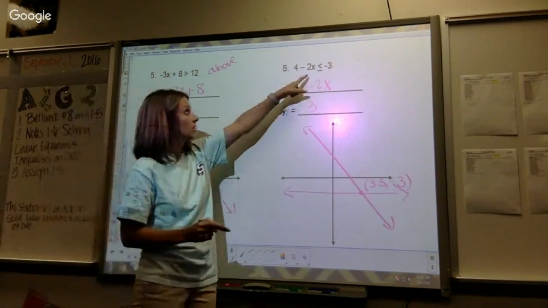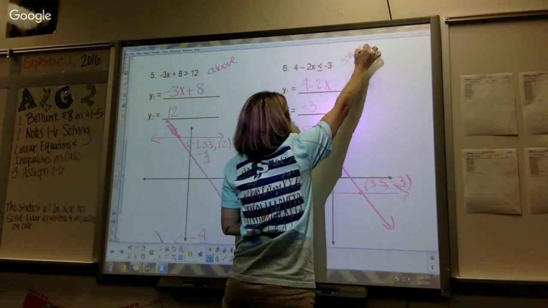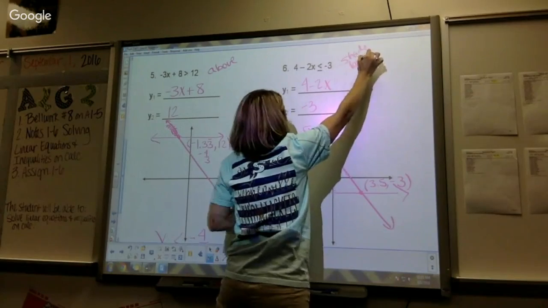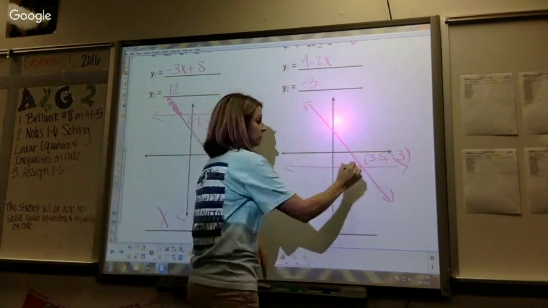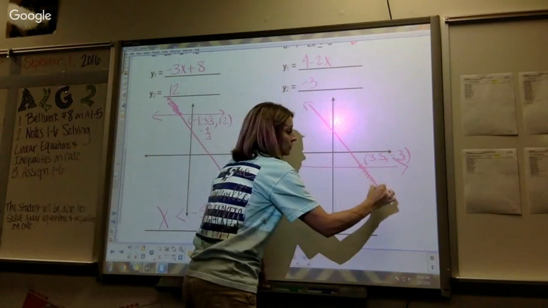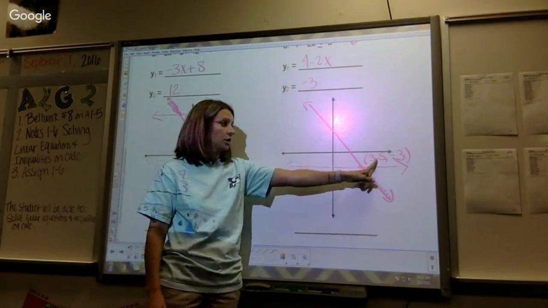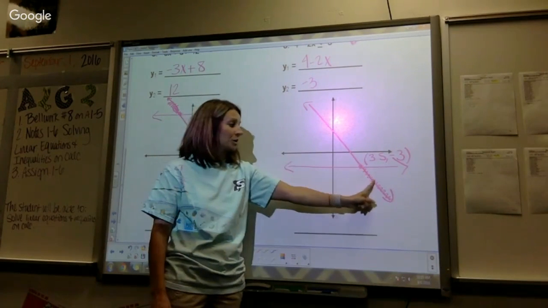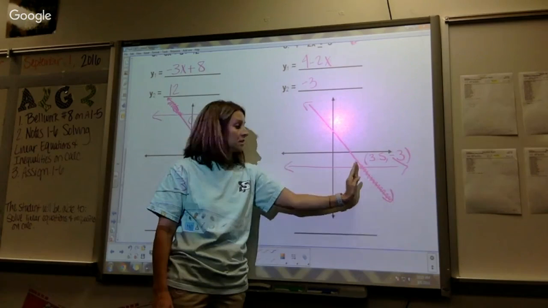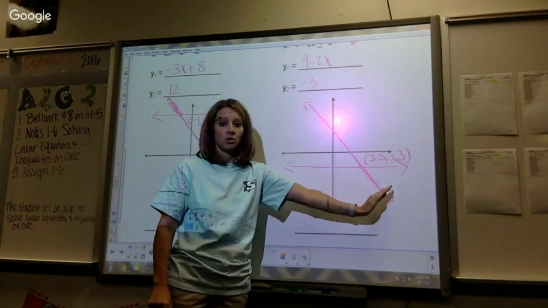So notice it says less than or equal, so we will shade below. Here's our horizontal, shading below, so this portion of our line there. Notice that our x value there is 3.5. And notice as we're going this way where the shaded part is, the x values, because that's all we care about, are getting larger.